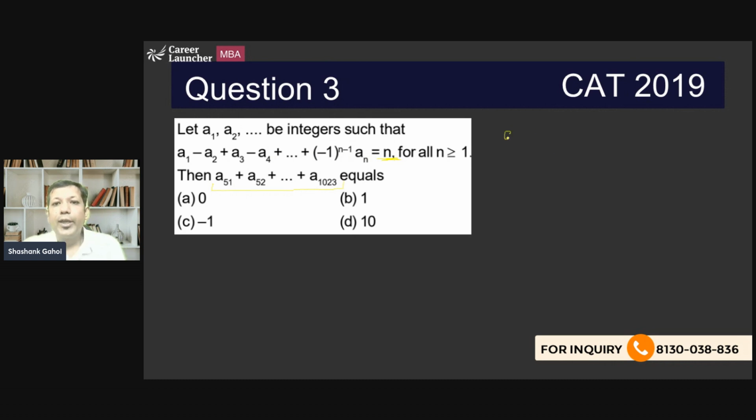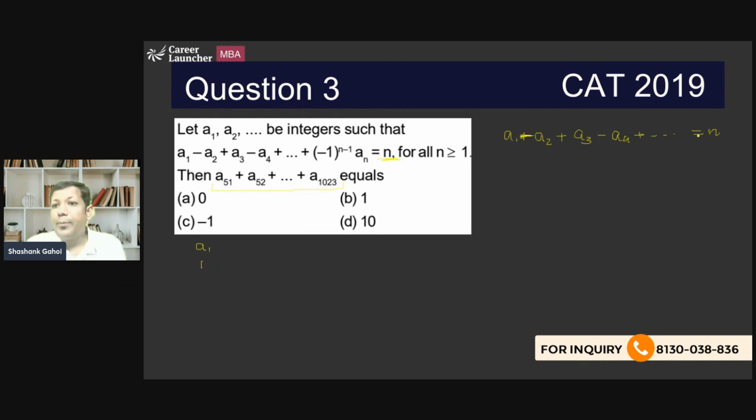Okay, so what I can do: a1 minus a2 plus a3 minus a4, and so on, and that is equal to n. Okay, put n equal to 1. So if I put n equal to 1, I am going to get a1 is equal to 1.